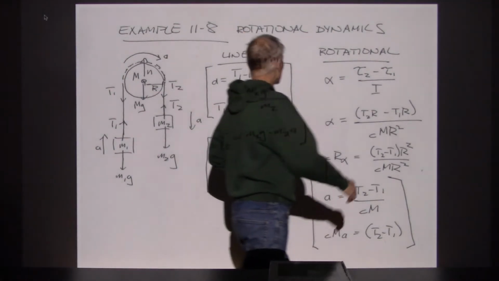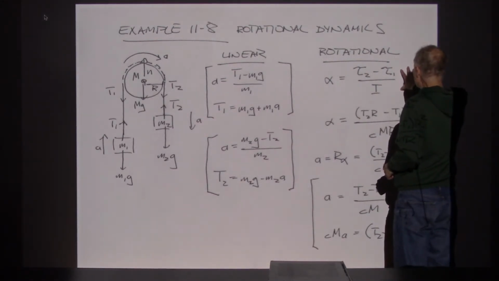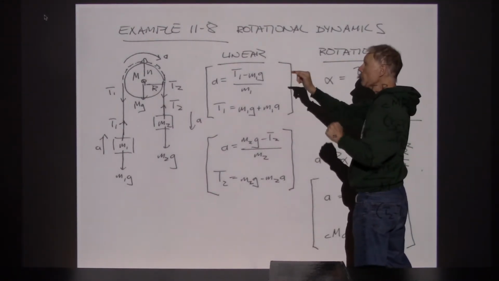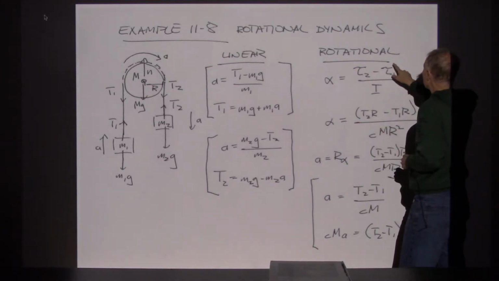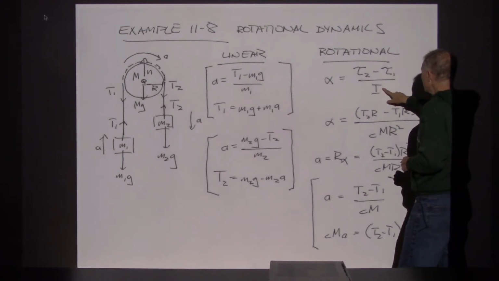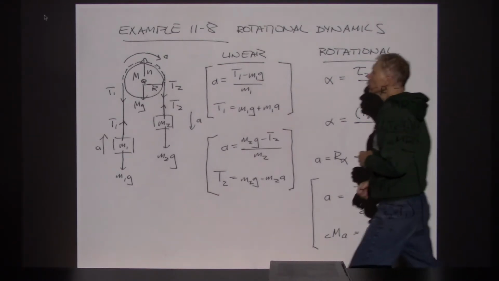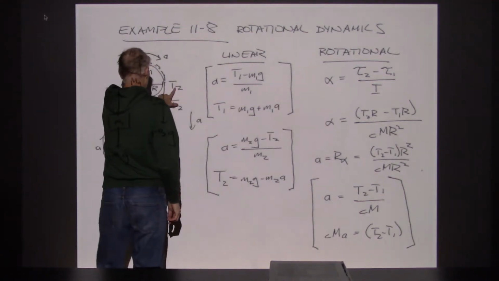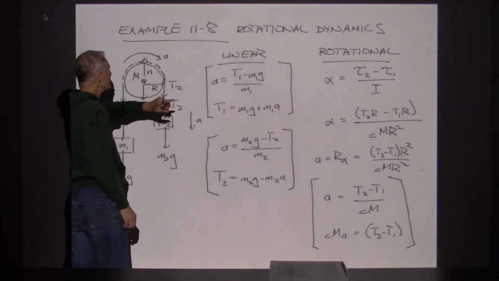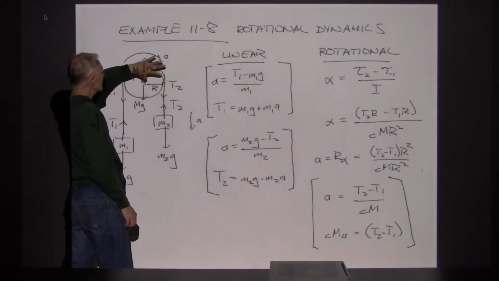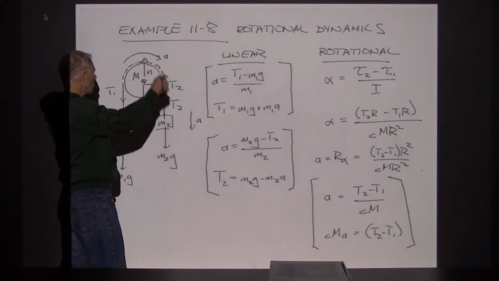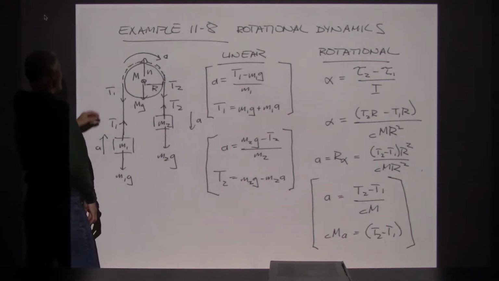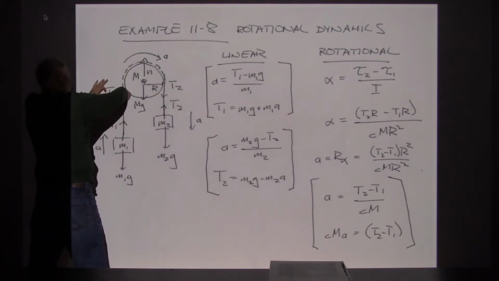So I'm going to have to take a look at rotations. The rotational formula says that the rotational acceleration of the pulley, this is just the pulley, depends on torque 2 minus torque 1 over the rotational inertia, where torque 2 is equal to tension 2 times lever distance r. And that tends to create a positive torque, minus torque 1, which is T1 times lever distance r.